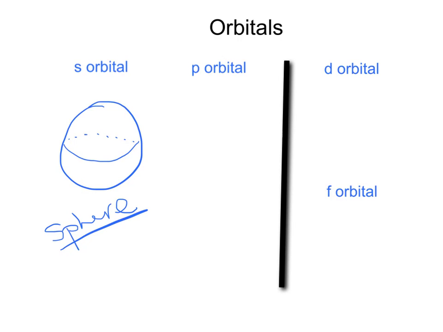They are just a region of space that tells us where an electron is most likely to be. You can look, it's a circle that encompasses the closest spot to the nucleus. That's why the s is the lowest energy of each of the orbitals. So this one is a sphere.